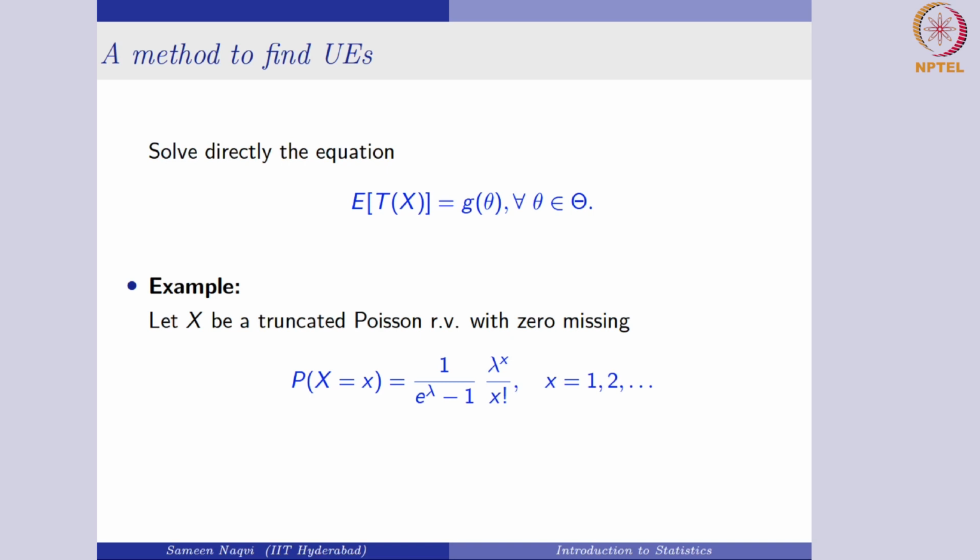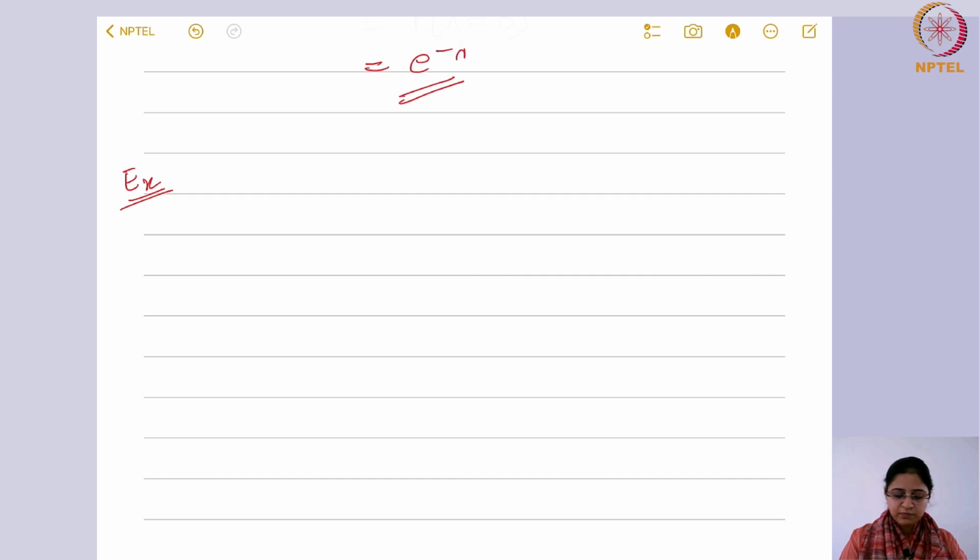So basically the probability of an event not happening at all is 0, right? You know that it is not going to happen, so you have truncated it, and we have considered the new form of this PMF. And in this case, we are interested to see what will be an unbiased estimator for this. So let us consider this example.